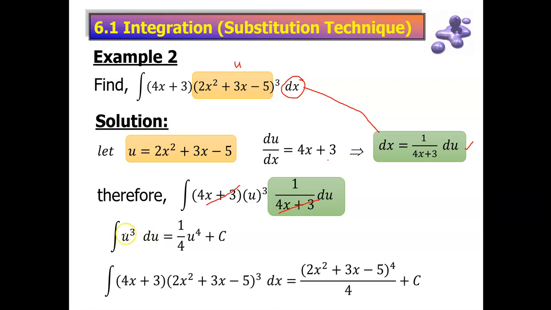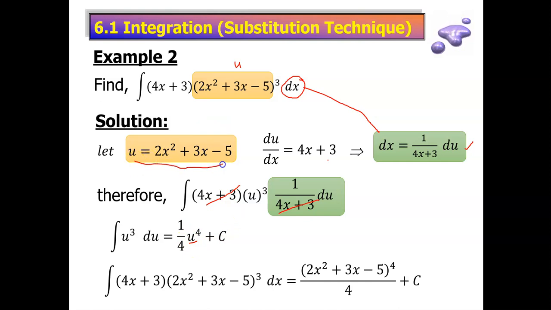As usual, we integrate u to the power of 3. Remember, for integration, you need to add 1 to the power. So you have u to the power of 4, and then we divide by the new power, so 1 over 4 plus c. Again, this is not the final answer. You have u over here. You need to substitute the u with the x from just now.